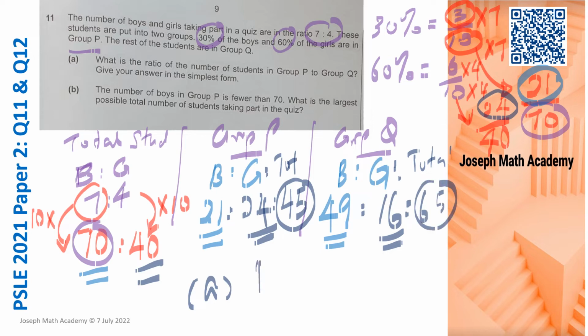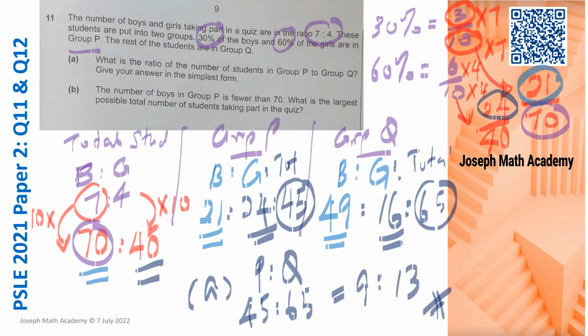Okay, let's plug this into part A. So 45 is to 65, and this can be simplified to 9 is to 13. So part A is done. Okay, I'm going to move on to part B in my next slide.